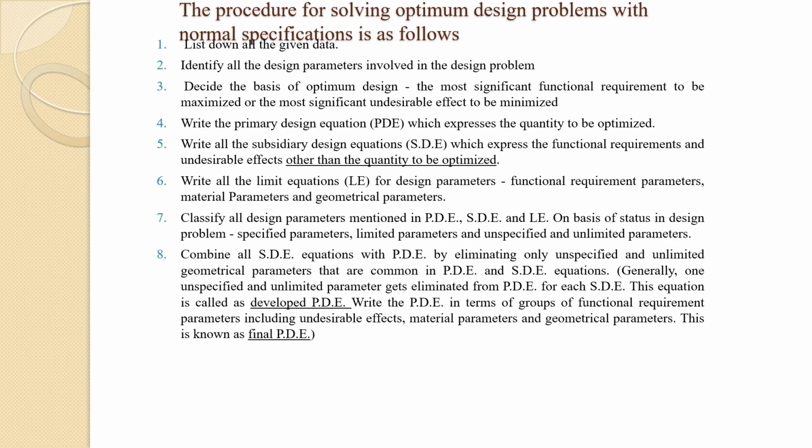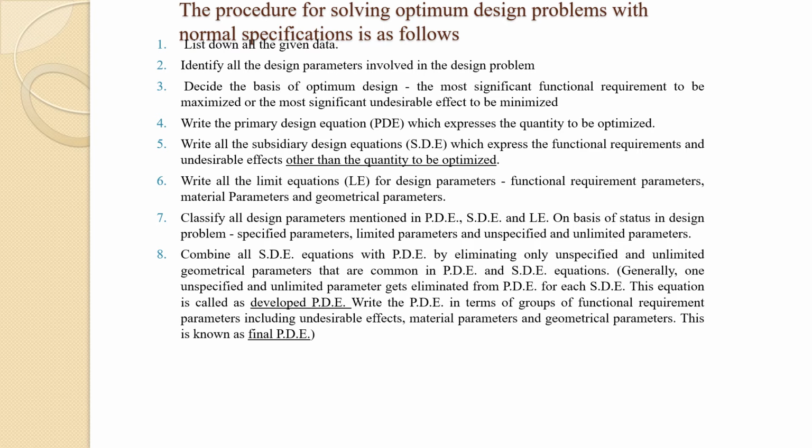Next step, which is important, is to combine all SDE, that is subsidiary design equations, with the primary design equation by eliminating only unspecified and unlimited geometrical parameters that are common in the primary design equation and subsidiary design equations. Now, what is the meaning of this statement? In the primary design equation and in the subsidiary design equation, you have to observe which are the common geometrical parameters which are unspecified and unlimited in the design problem.